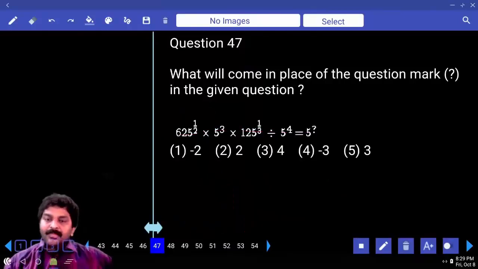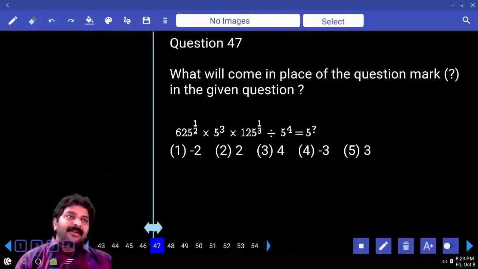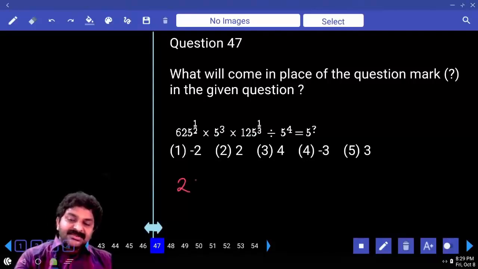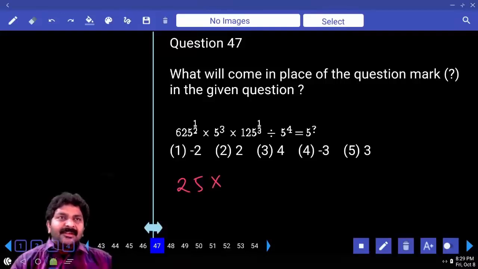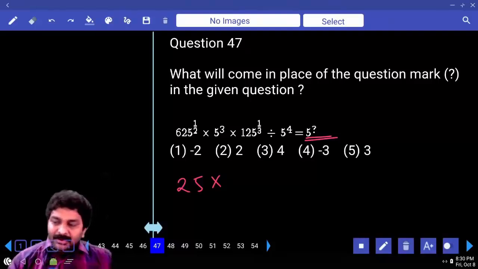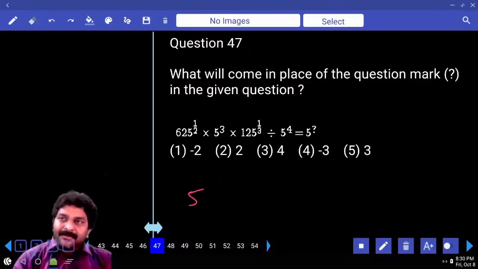Next. 625 to the power of 1 by 2. 625 is which number square? So this is 25 into. Can we write 25 as 5 square? Because right hand side number, look at your x value, that is 5 to the power of x. So you have to write every number as 5 power some number.